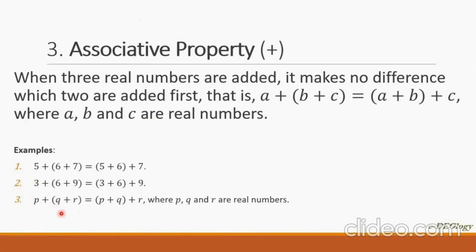In the left side, we have and as the associative property says, whether we add the last two numbers or we add the first two numbers, we will have the same answer.